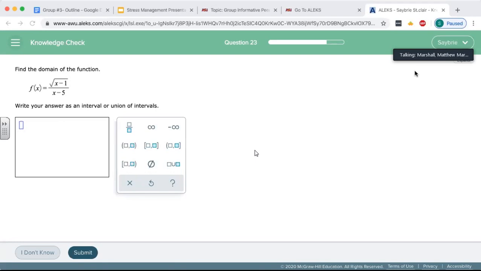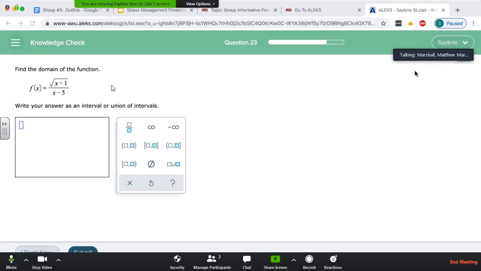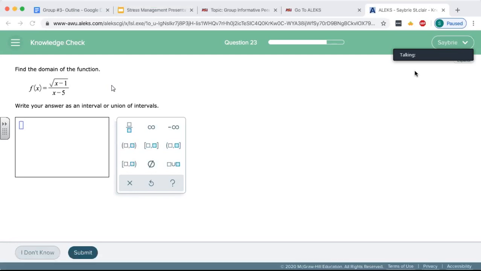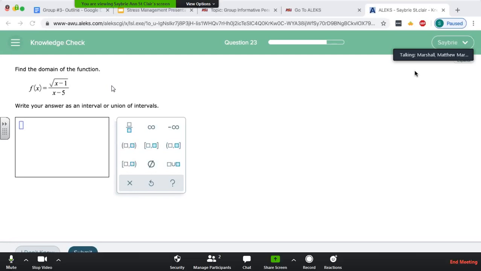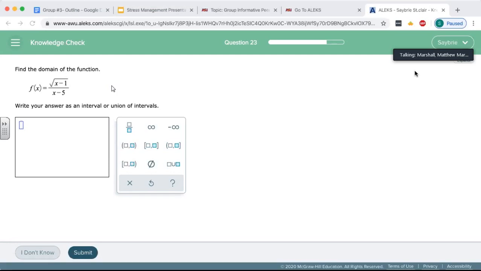Alright, domain. So domain cannot be 5 on this one. So that would be negative infinity to 5, union 5 to positive infinity. That one's pretty easy. Because see how 5 would make that 0 on the bottom of that fraction?